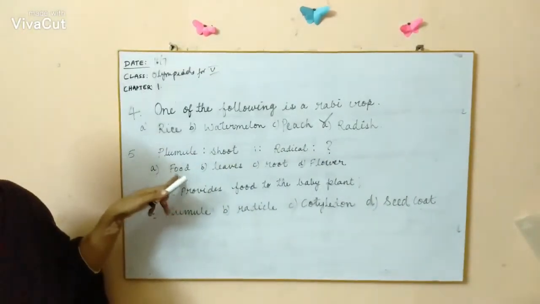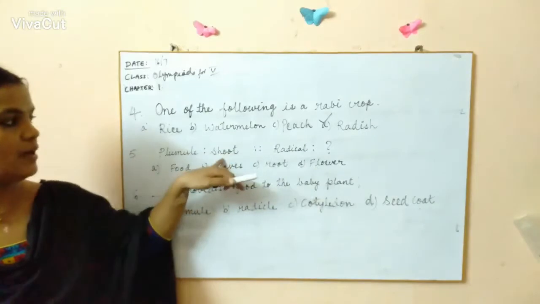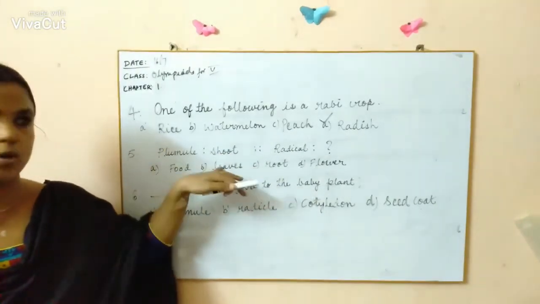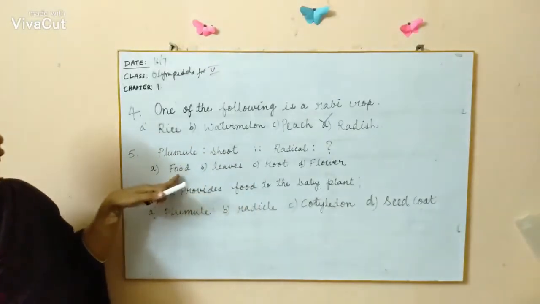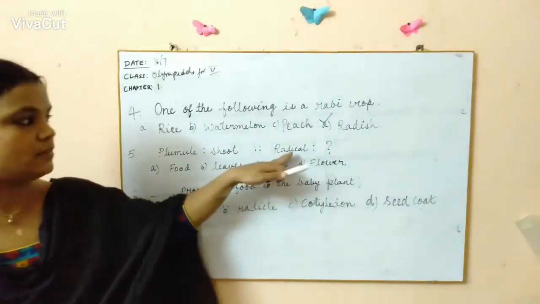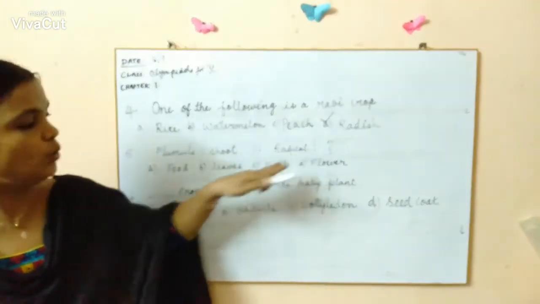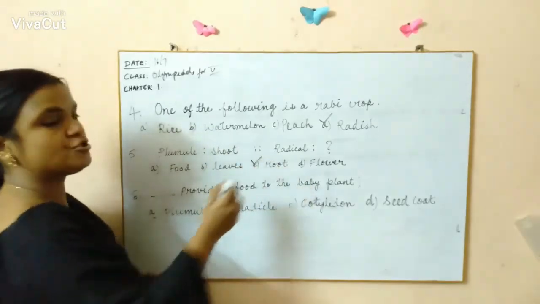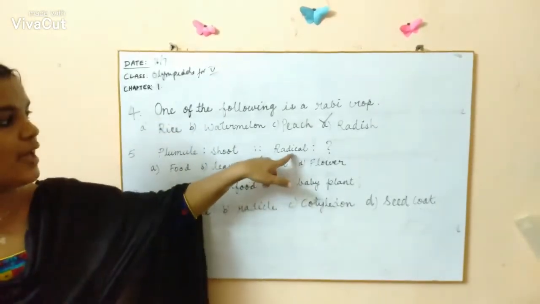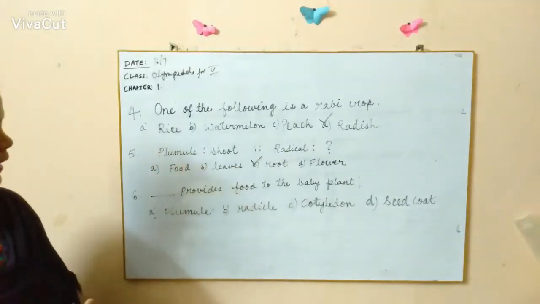We know that food, leaves and flower, leaves and flower come under shoot only. So it is plumule only. So radicle, we don't get these two from it. Food, does the growing plant get food from the radicle? No. So what is the thing that is remaining? It gives rise to root, children. So radicle gives rise to root of the plant.